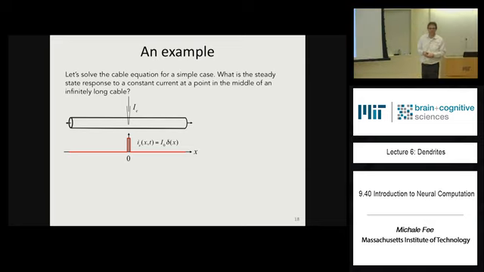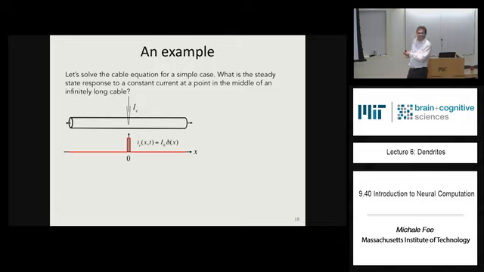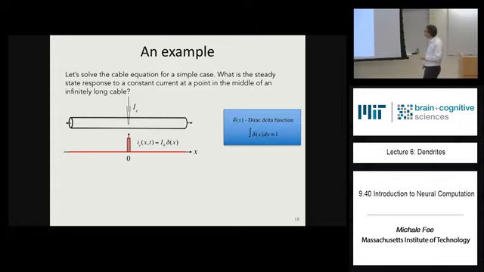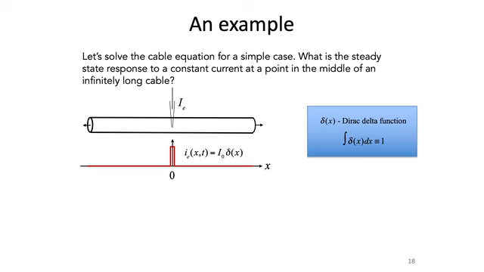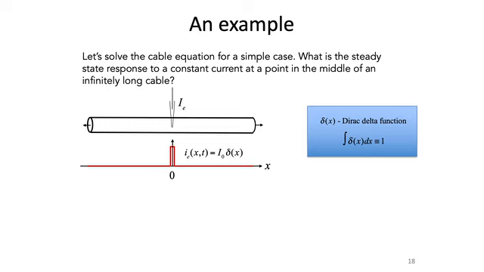We're going to define the current as a function of position as just a current times a Dirac delta function of x. That just says that all the current is going in at position 0 and no current is going in anywhere else. The Dirac delta function is a peaky thing that is very narrow and very tall, such that when you integrate over it, you get a 1.